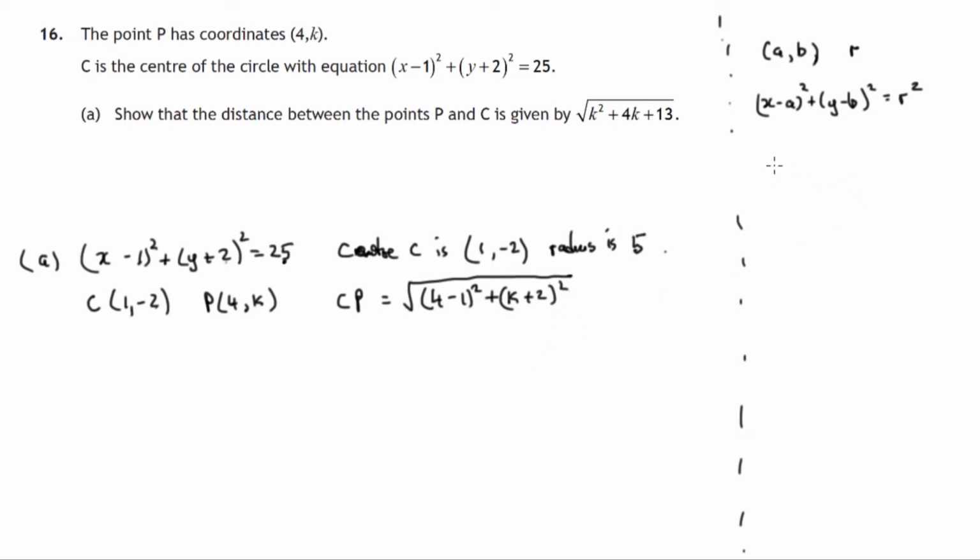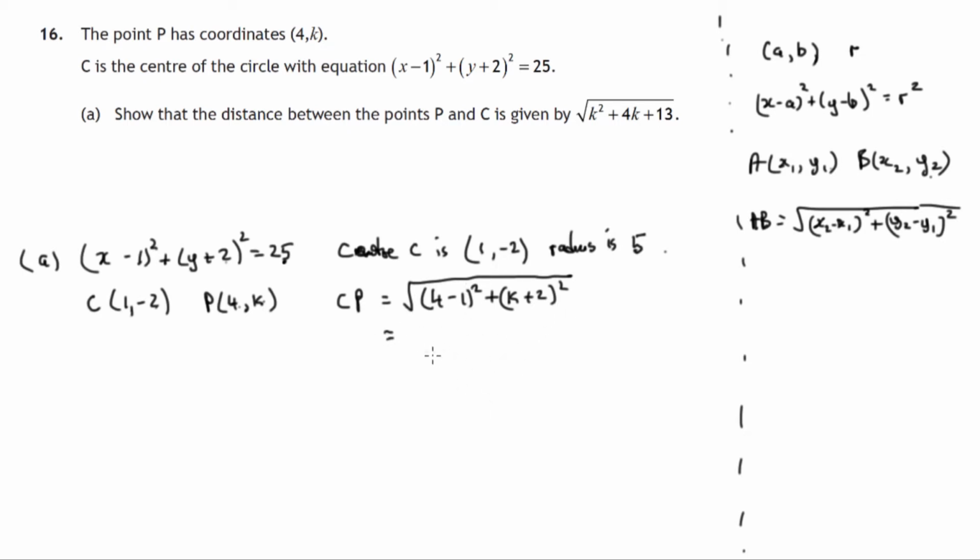The distance formula: for points (x1, y1) and (x2, y2), the distance between them is the square root of (x2 minus x1) squared plus (y2 minus y1) squared. So it's the square root of (4 minus 1) squared plus (k minus negative 2) squared.